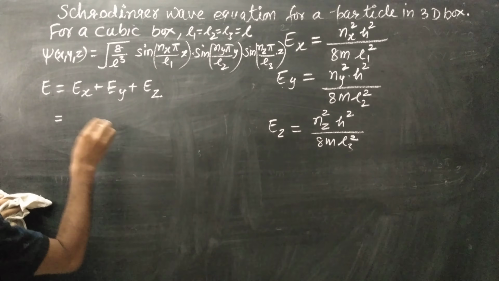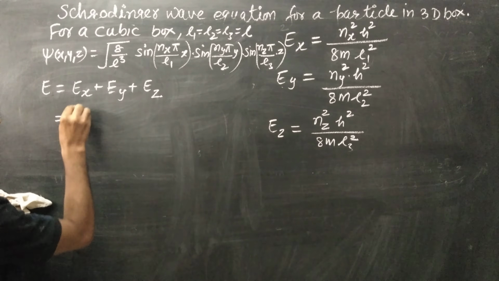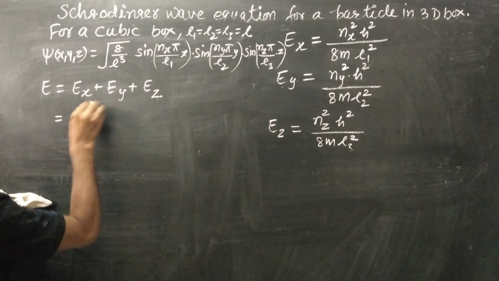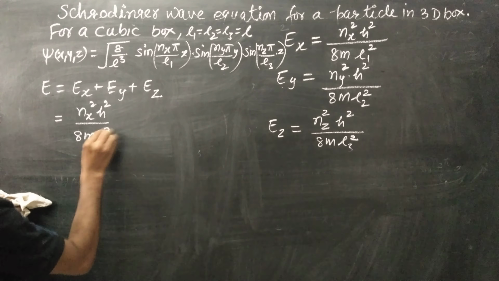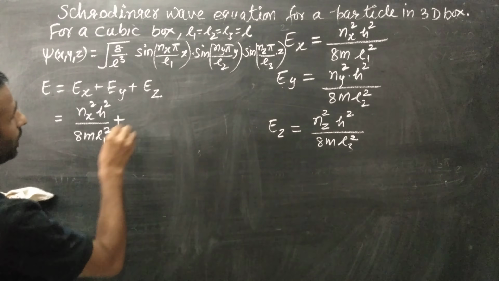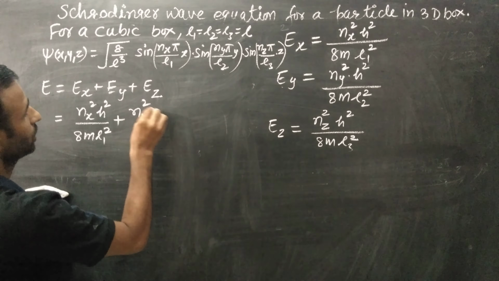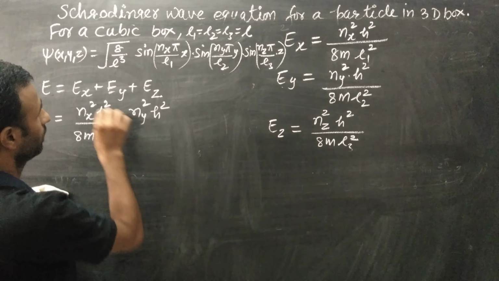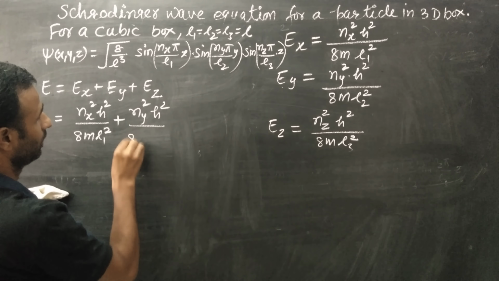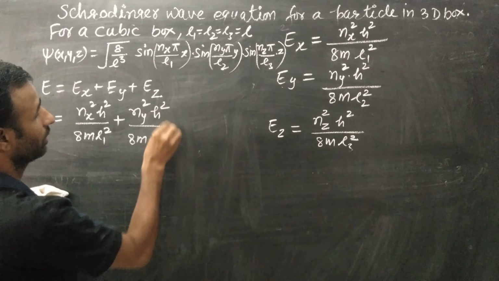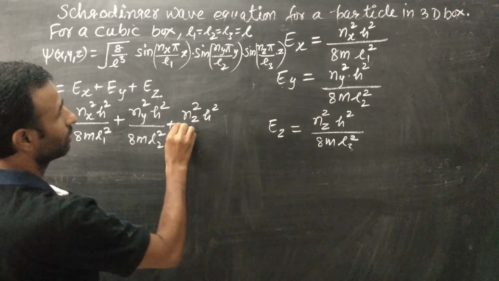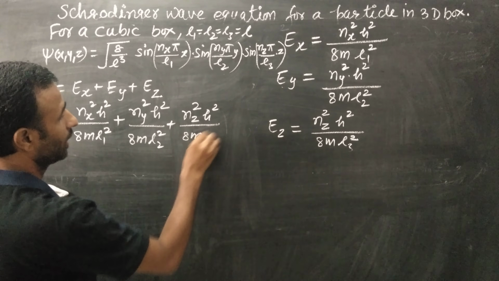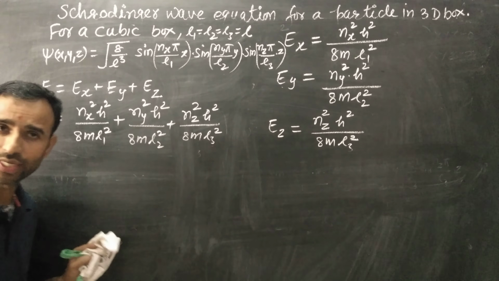So that is equal to nx square h square upon 8m L1 square plus ny square h square by 8m L2 square plus nz square h square over 8m L3 square, right?